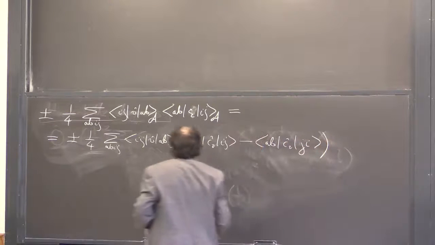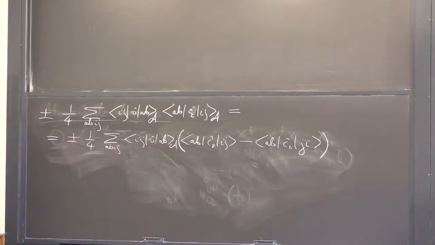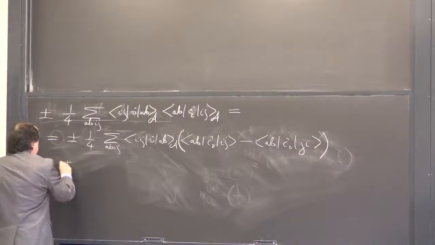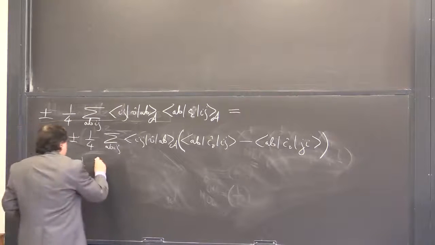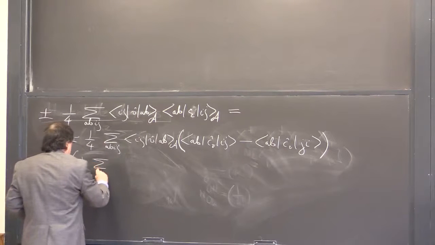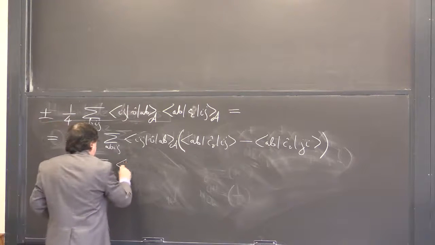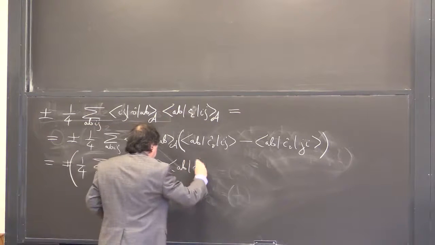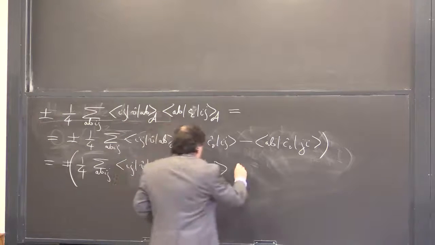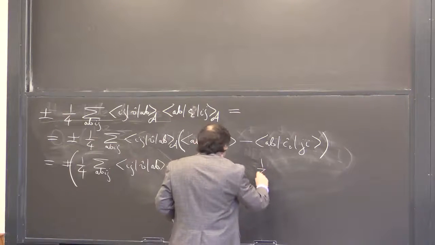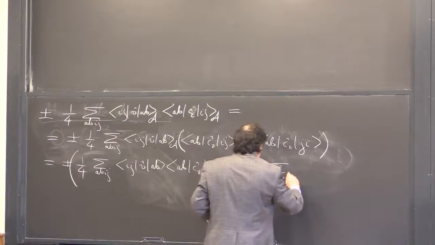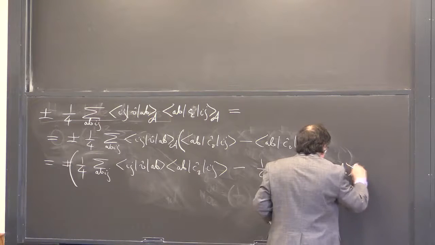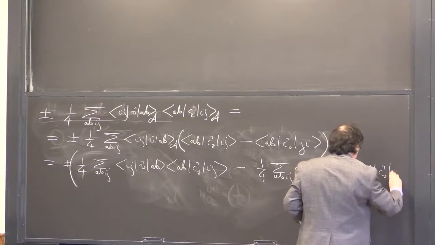So what I did now is I expanded the anti-symmetrized matrix element and represented it in terms of the corresponding non-symmetric matrix elements. If you continue, you get plus or minus 1 over 4 sum over AB ij, ij v AB times AB C2 ij, and then I'll subtract 1 over 4 sum over AB ij, ij v AB, AB C2 ji.